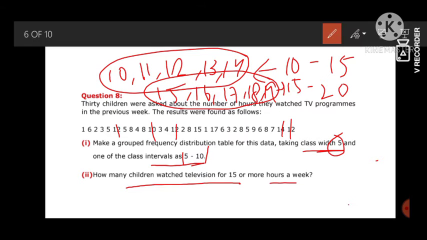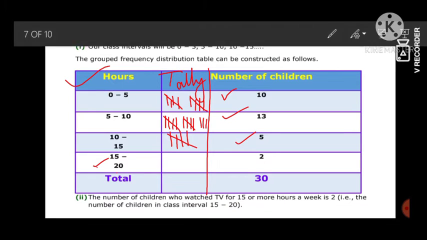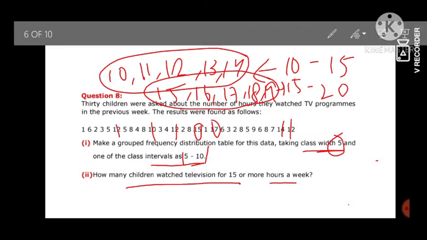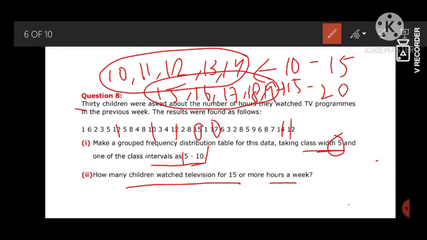So all the double digit numbers, you can see we have only these two, 15 and 17. So the tally mark will be 2 vertical lines, and 15 and 17 are the 2 numbers only. If we add all these numbers, we can see the total is 30. So let us check once again how many children there are. So 30 children.